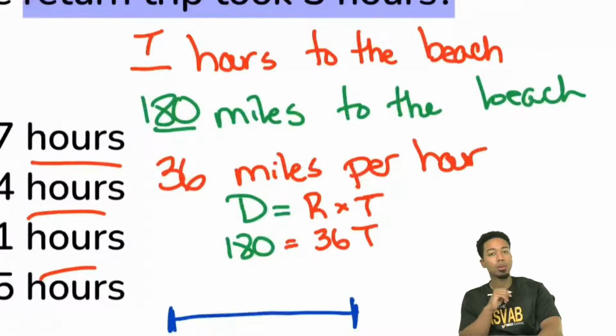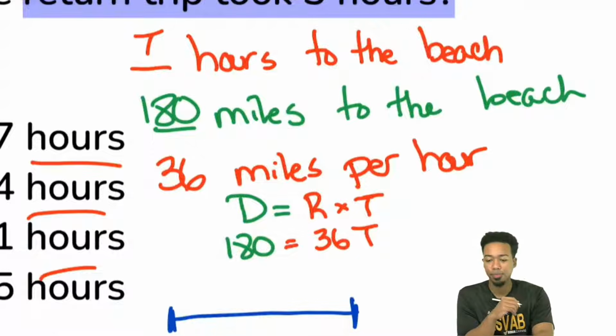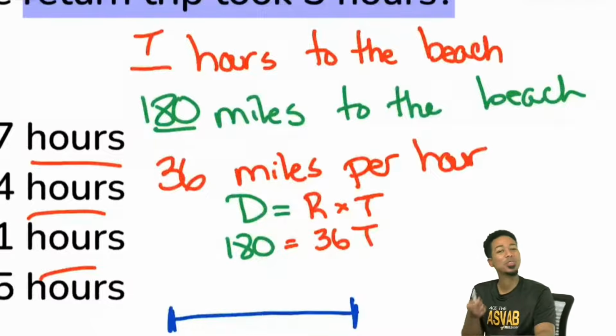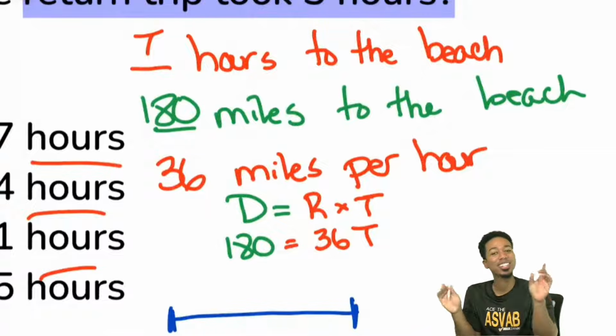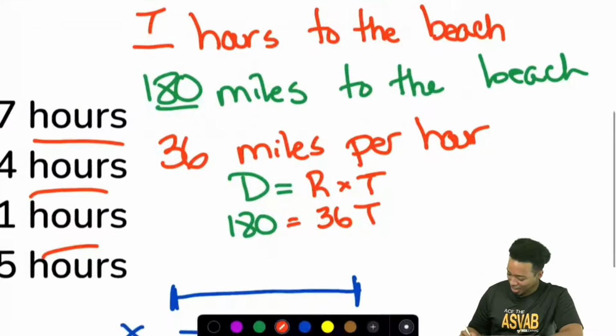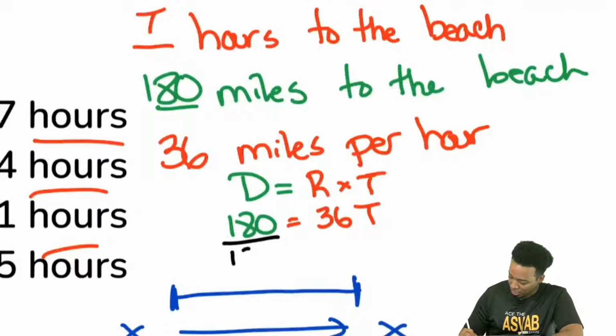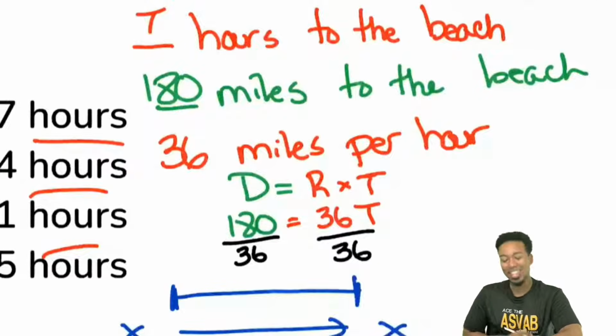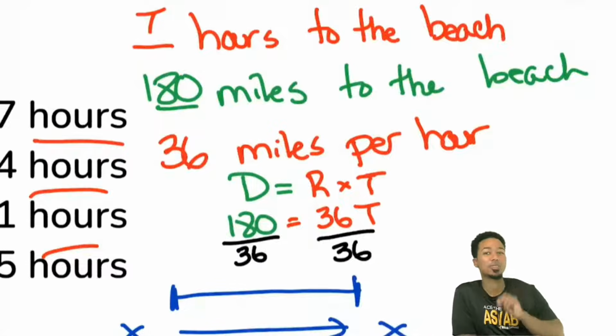Everyone, what do we need to do to solve this? That's right, divide. We need to divide and we're all good. So here, divide both sides by 180, or excuse me, what am I doing? Divide both sides by 36. Jeez, long Monday. Divide both sides by 36 and we're good.